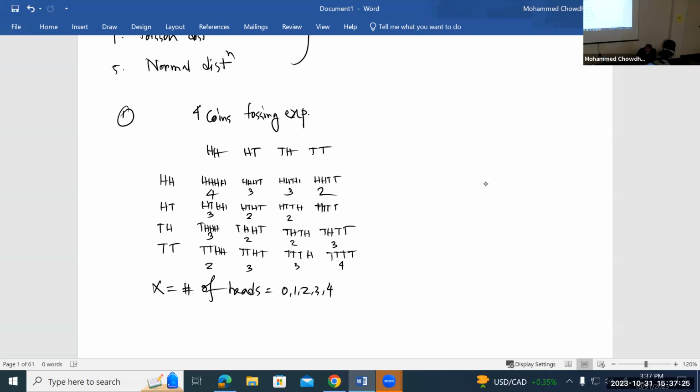Now I want to find the probability of X equal to 0 head. Probability of X equal to 0 head is 1/16. Do you understand?